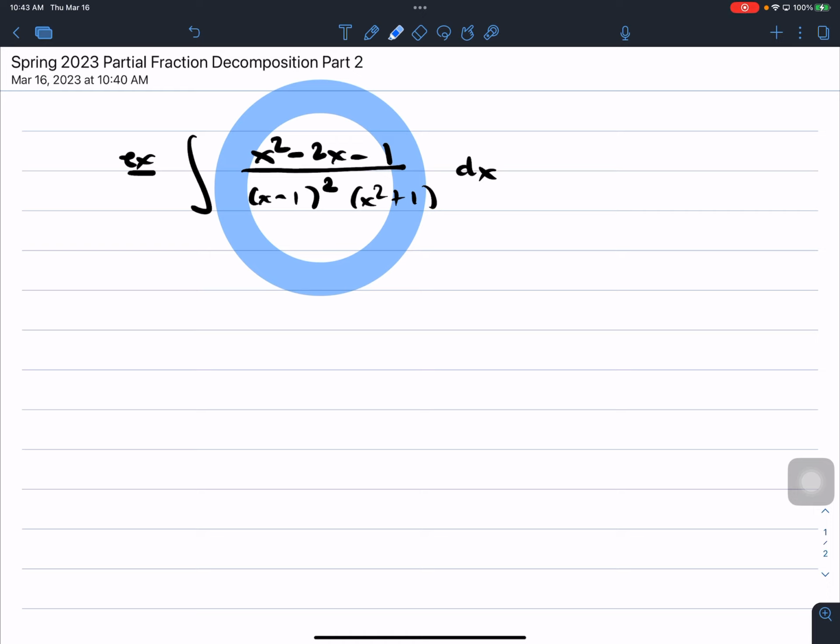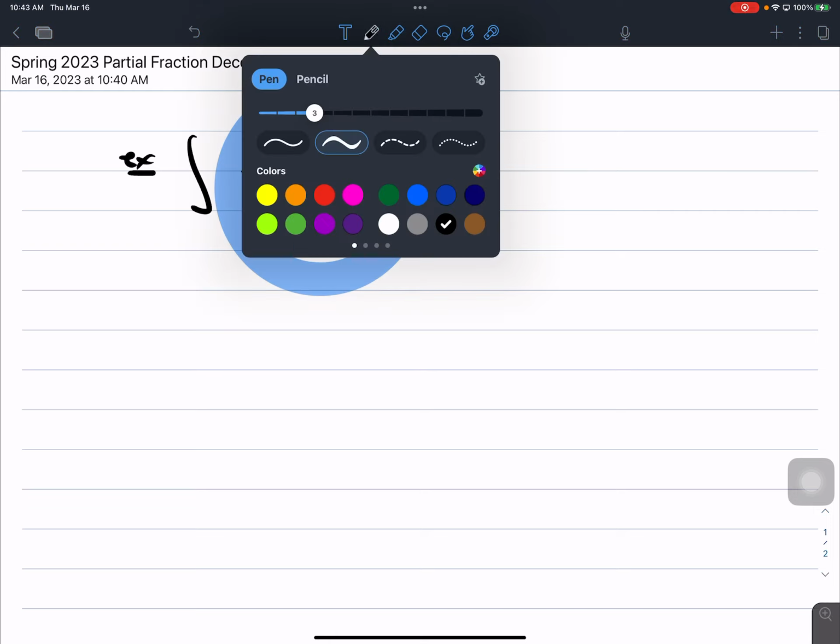How would you guys categorize this situation? What would you guys say? What does this look like to you?